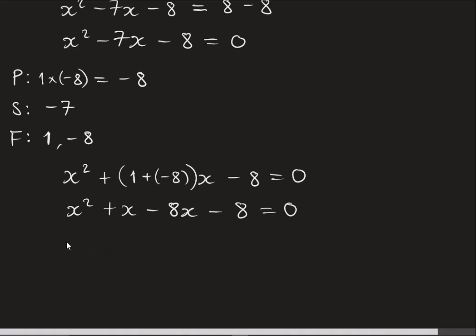Factorizing this is not a difficult thing. From the first group, we look at what's common in x squared and x. Of course, it's x, leaving us with an x for the x squared and a 1 for the x. If we expand this that we've just factored, we should get x squared plus x. You can check that. We go to the second group here. I put a minus sign there. You can see that 8 is common in both terms, so I'll put an 8 outside the brackets.